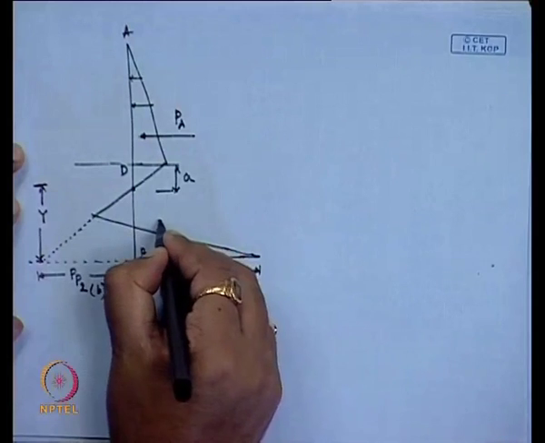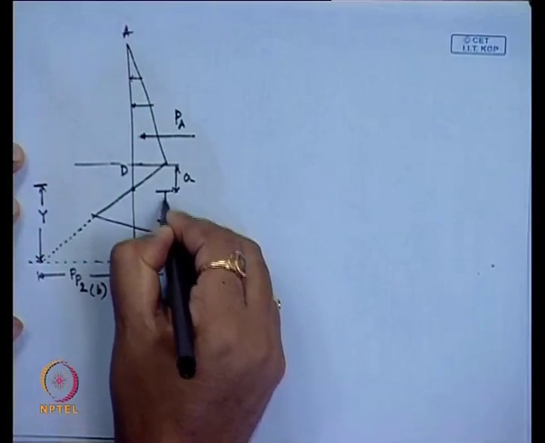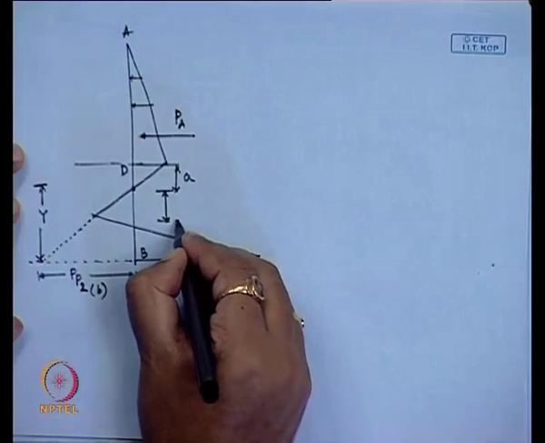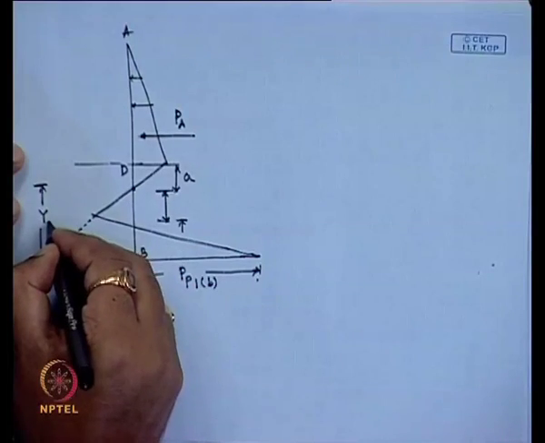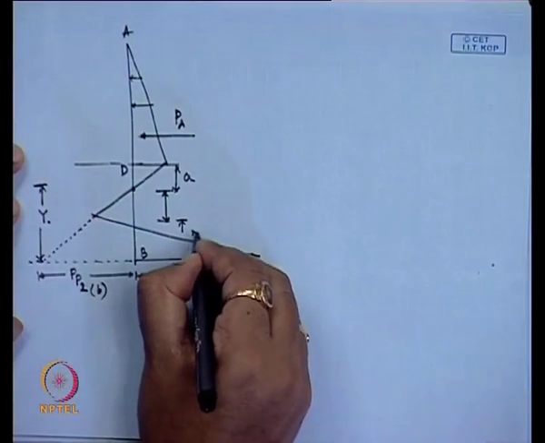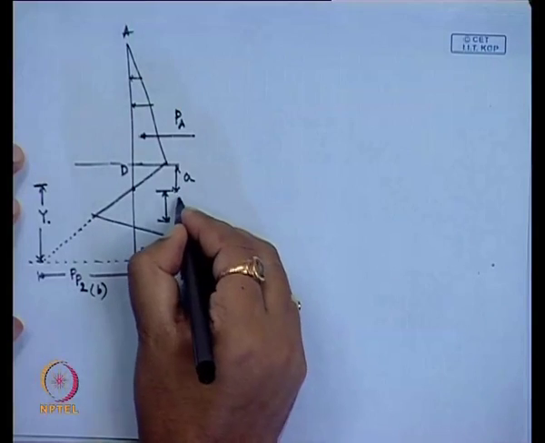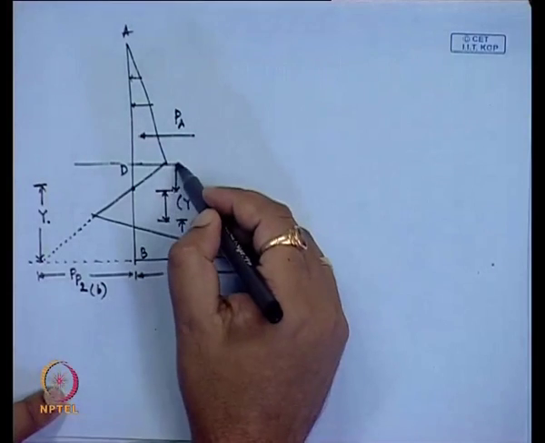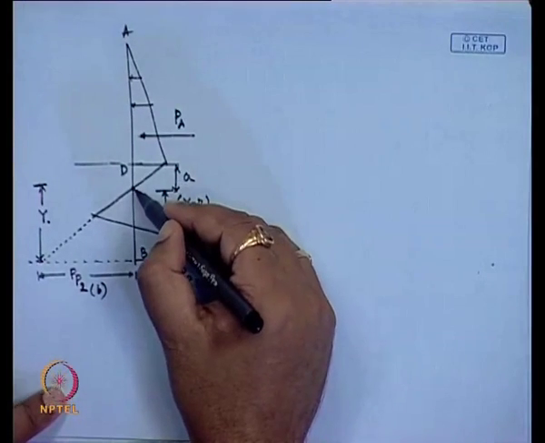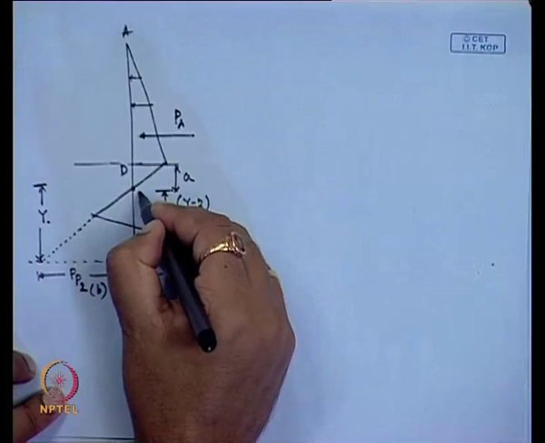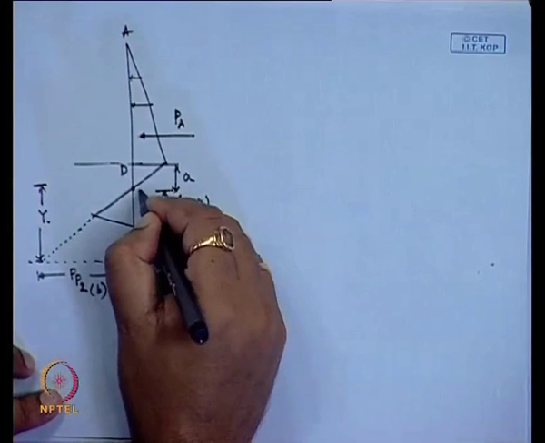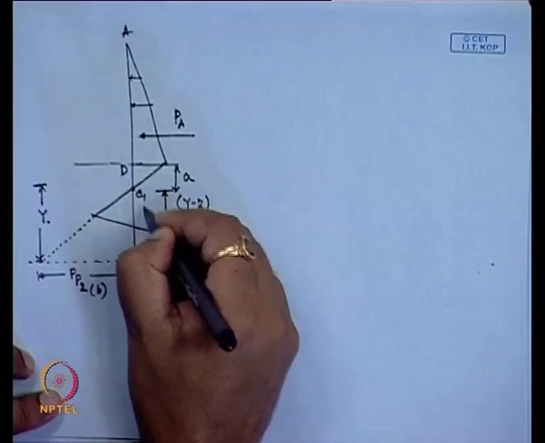and this one is Y, and this is say Z. So this one is Y minus Z. So this point, this is B, this is C 1 and this is C 2.